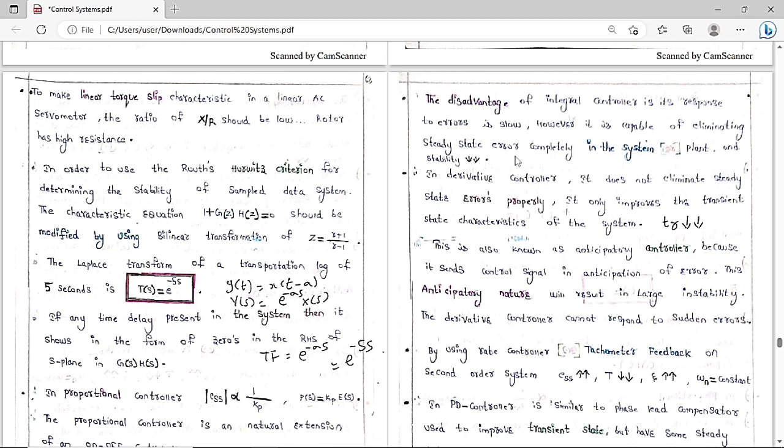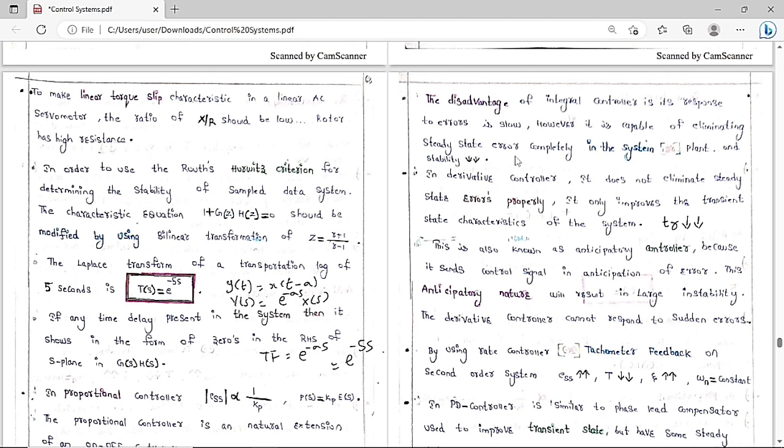Therefore the derivative controller cannot respond to sudden errors.